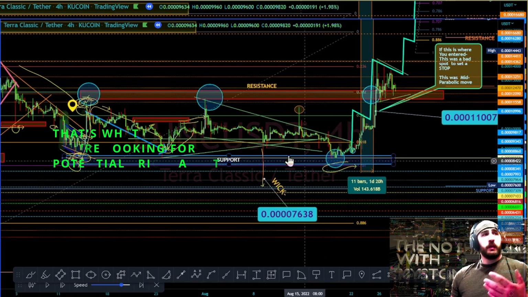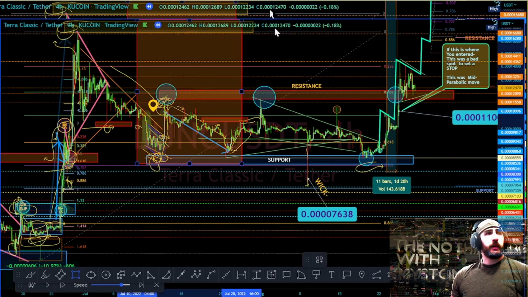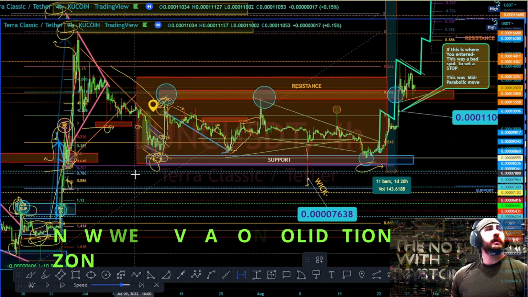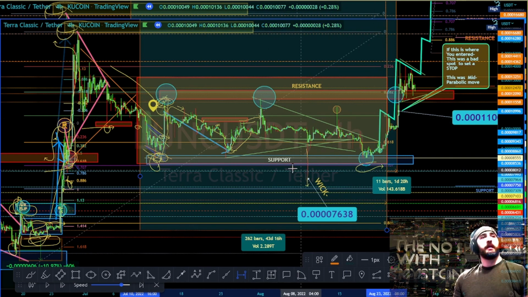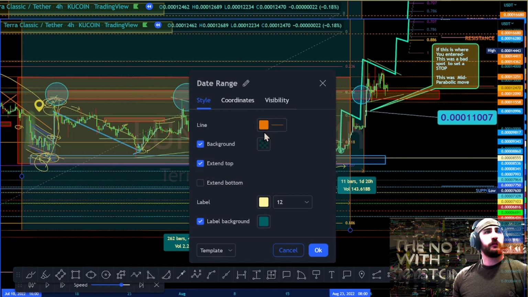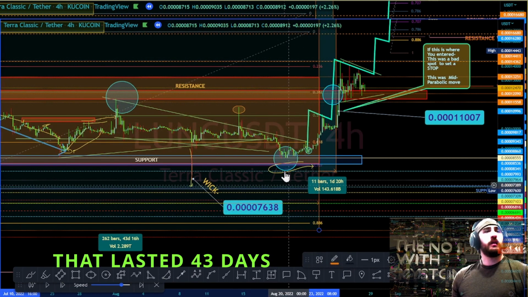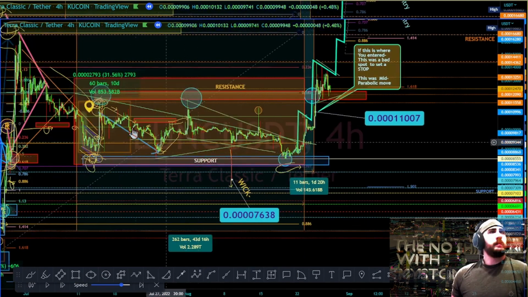Because most times, we're looking at this kind of sideways movement. If we just put like a box around this, let's do that. And how long did this last? 43 days. Okay, so this lasted for 43 days. I would dub this a consolidation zone, frankly.